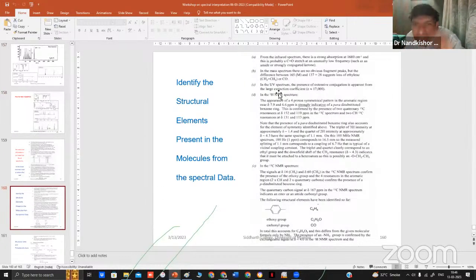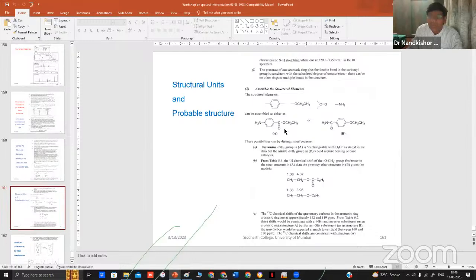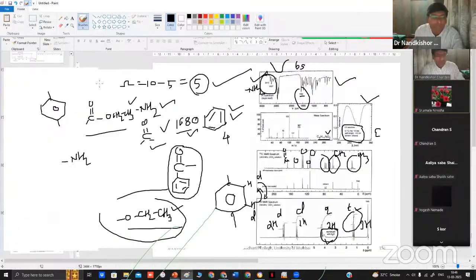M plus is 165. Yes. So 165 minus 137. If we work this out, there is a presence of 28 units. So this 28 unit is because of the ethylene group, CH2CH2.